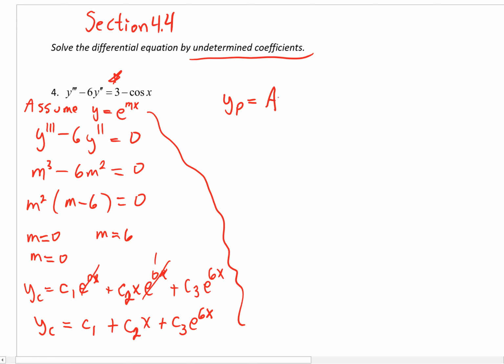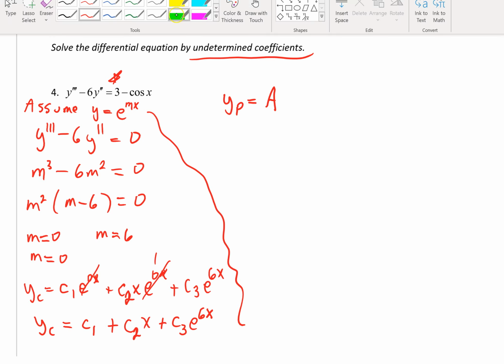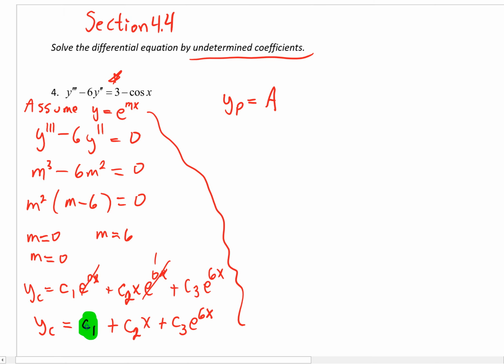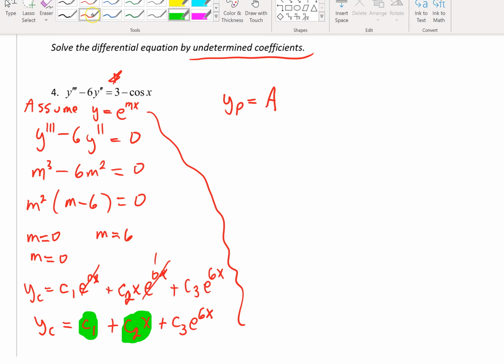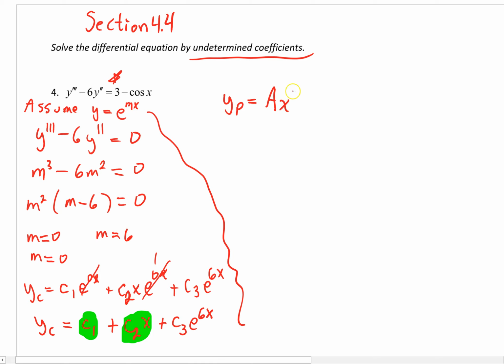But here's the problem. And this is why I really wanted to bring this up. C1 is just like a regular constant, isn't it? And then on top of that, it has shown up yet again. It showed up as a double root. So here we'd have a constant showing up. We're going to have to write that as one more repeat. We're going to have to throw in one more factor of x.